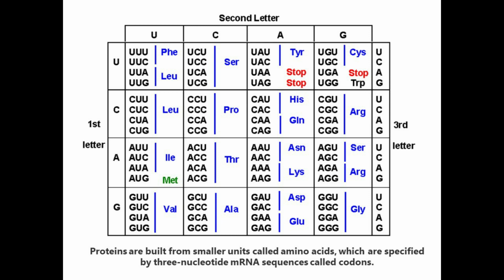So they are called termination codons or stop codons. From this table we can see that UAA, UAG and UGA are the stop codons. So the presence of UAA or UAG or UGA on an mRNA calls for termination of protein synthesis.